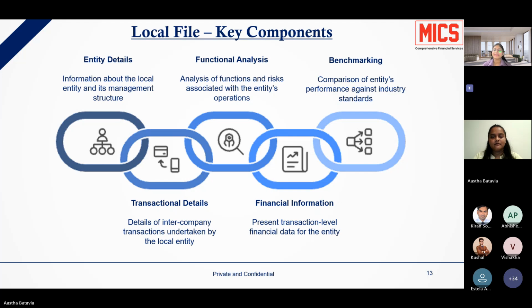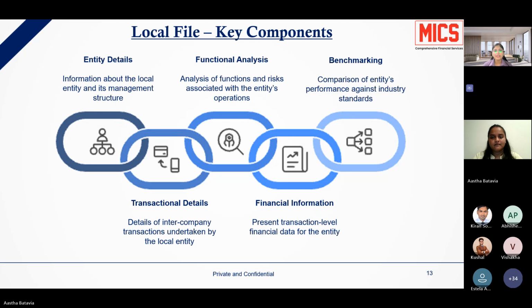Local transaction as in the information about the entity. So the threshold limit for the local file is the same as the threshold limit for the master file. That is, if the turnover is 200 million dirhams or more, or the MNE group is already being covered under CBCR requirements, then the entity is required to prepare a local file.